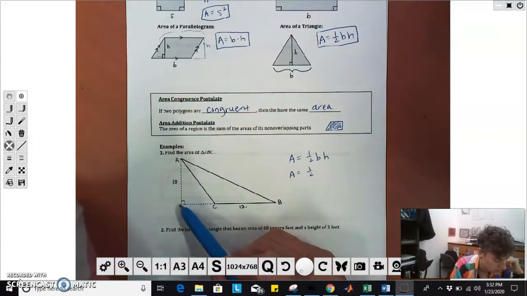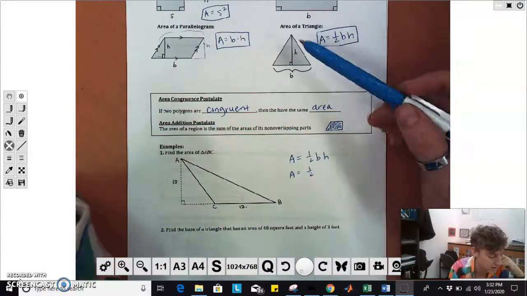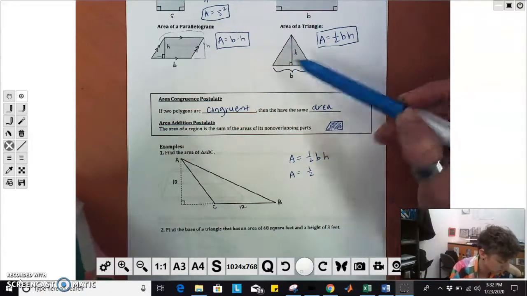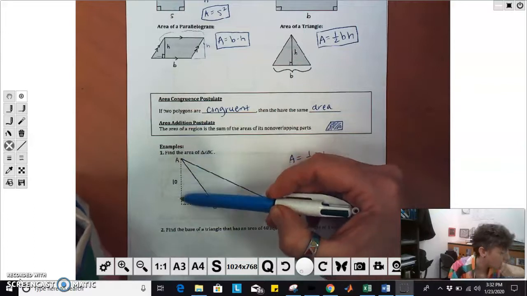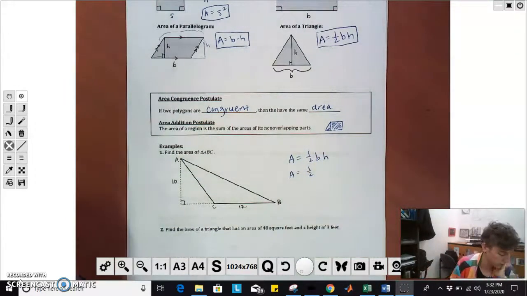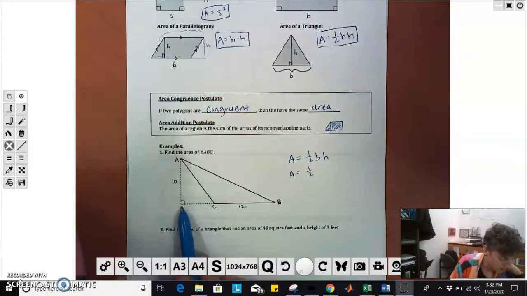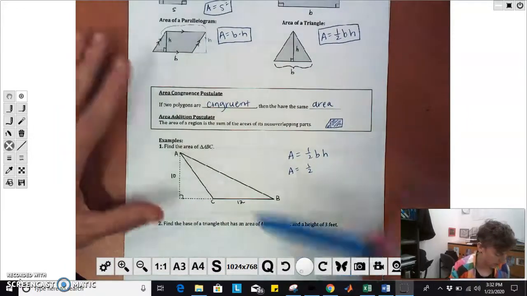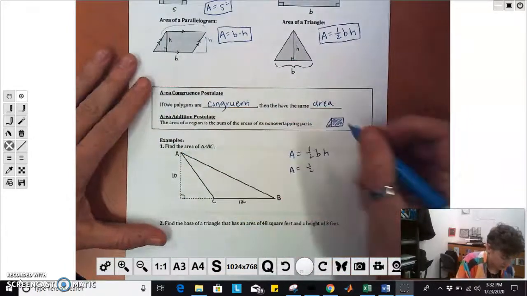And I know that, because we talked about it up here, the height is perpendicular to the base. So we've got this height over here. Always with the coffee, you know. Height perpendicular to this base, even though it's not connected. That is the height. That's how tall that triangle is. So that's our height.